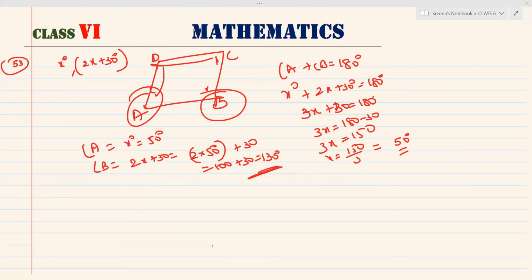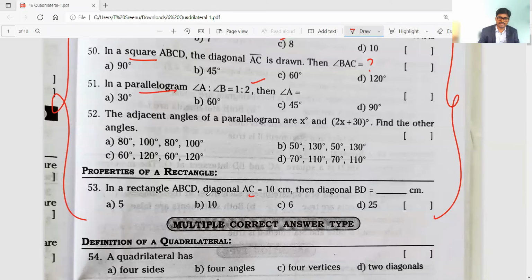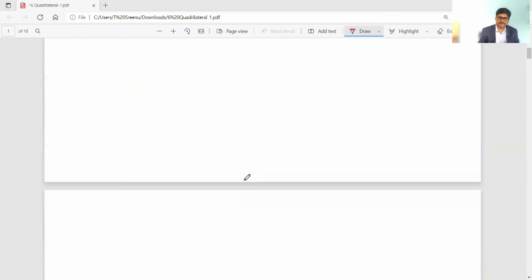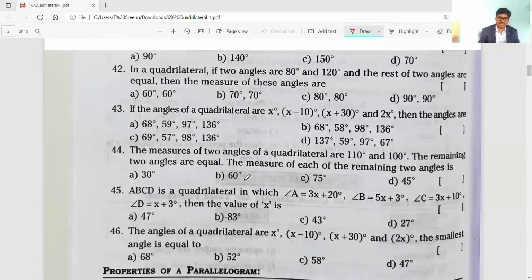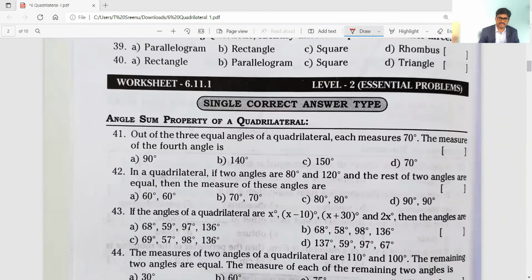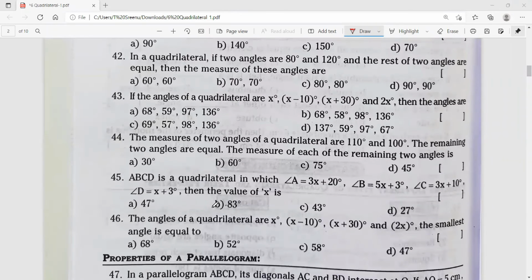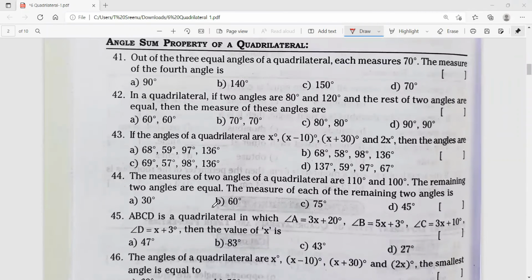Let's do some more essential problems. I will open the screen. Now these sums we have completed, and here you can see 41 to 46. These sums we can do now. So first, please read these questions for one or two minutes.